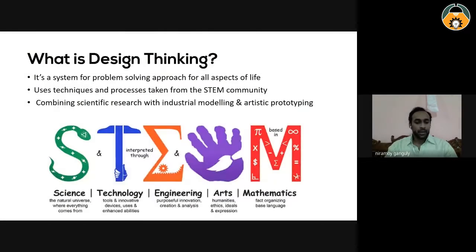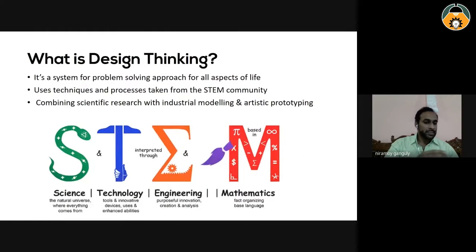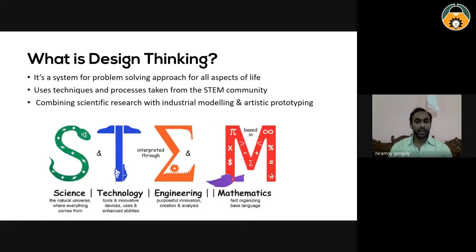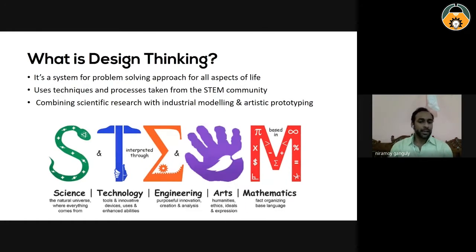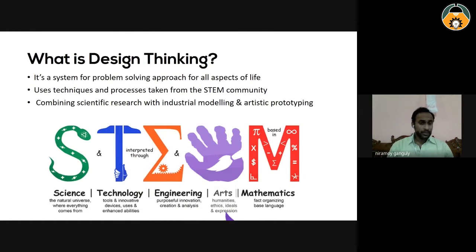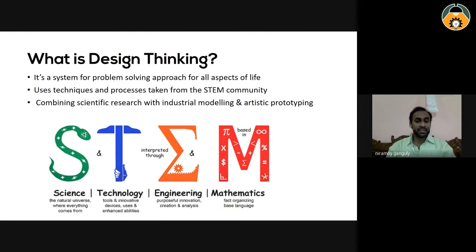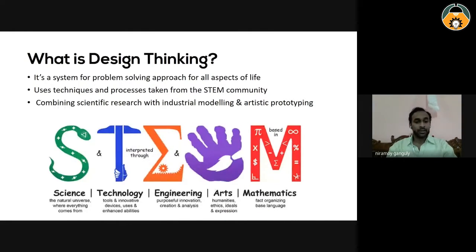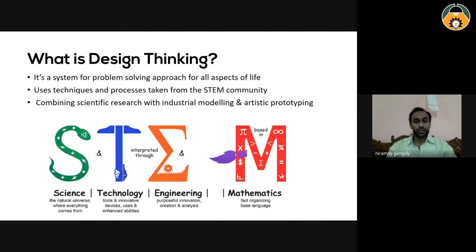Different principles of science, technology, engineering, and mathematics, of how they do problem solving, and adding a little artistic approach into it. So, as you are aware of your STEM subjects, which is science, technology, engineering, and mathematics.